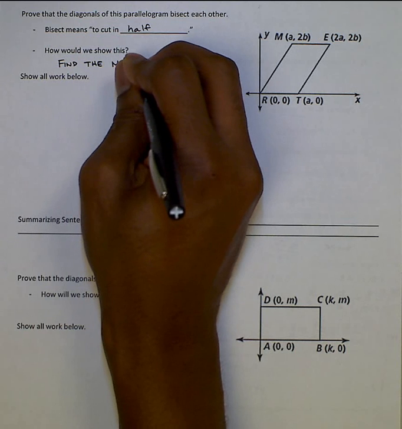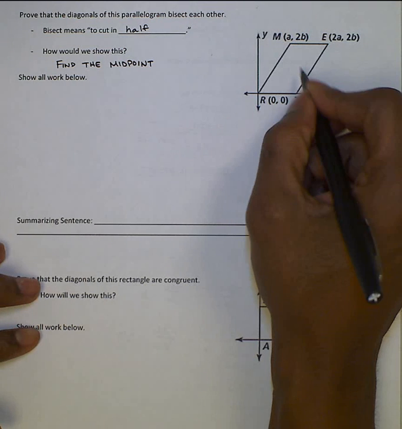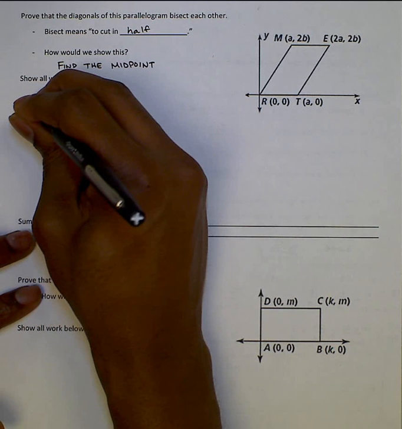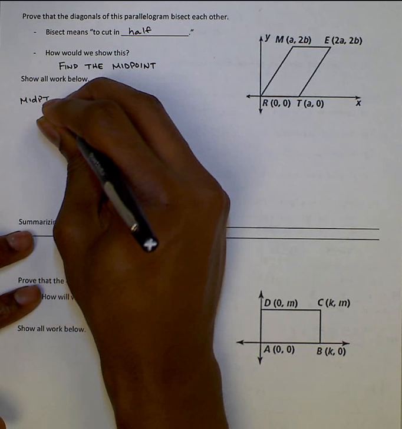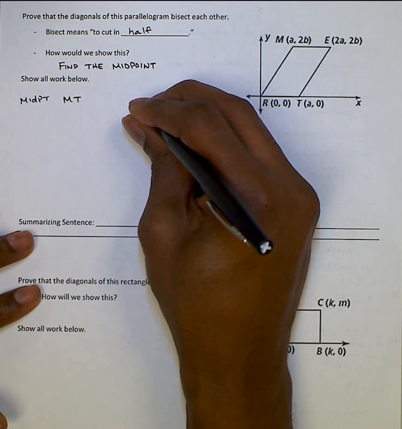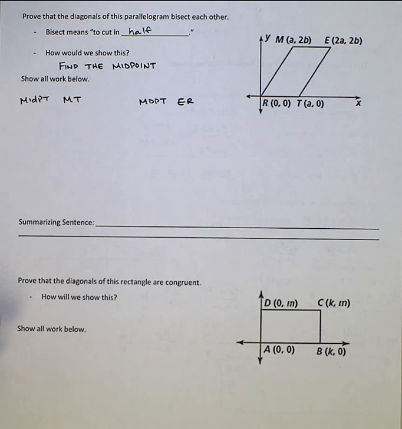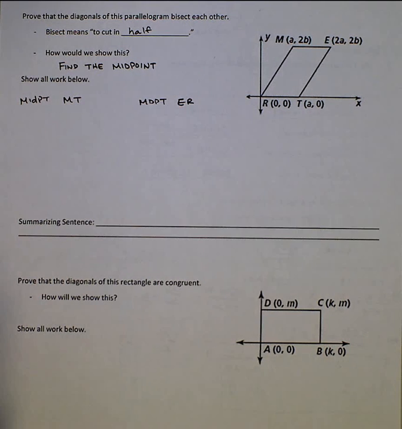Now, if they cut each other in half, then they should have the same midpoint, because that means they both intersect in the same place. That's the halfway point for both of them. So I'm going to find the midpoint of MT, and I'm also going to find the midpoint of ER. Remember the midpoint is finding the average of the x coordinates and the average of the y coordinates.